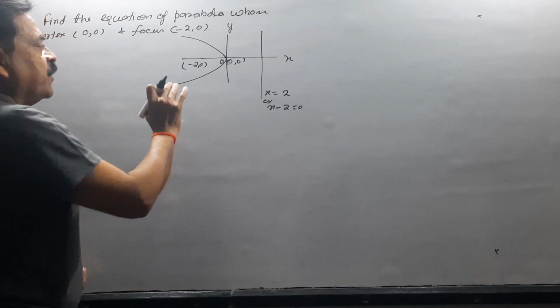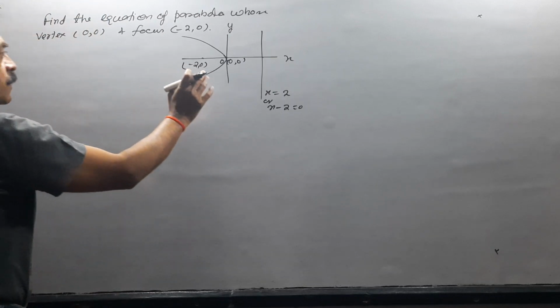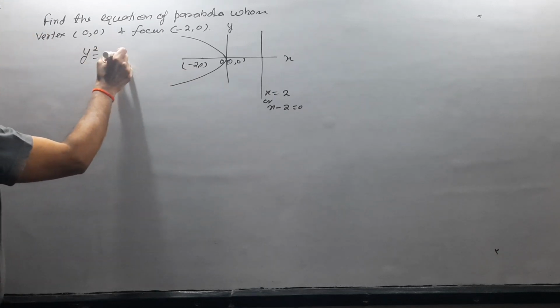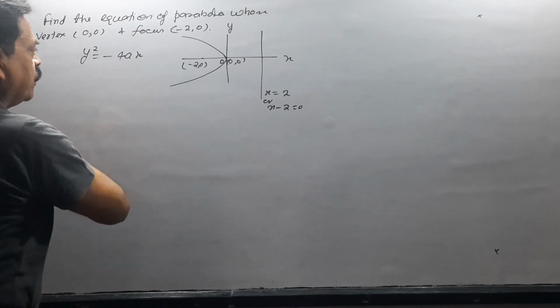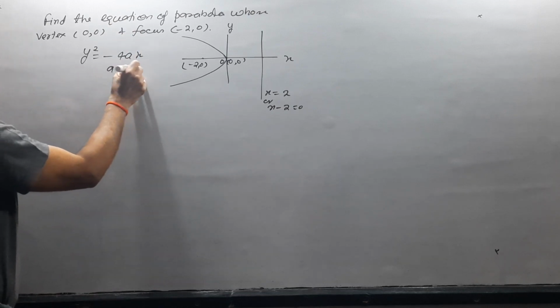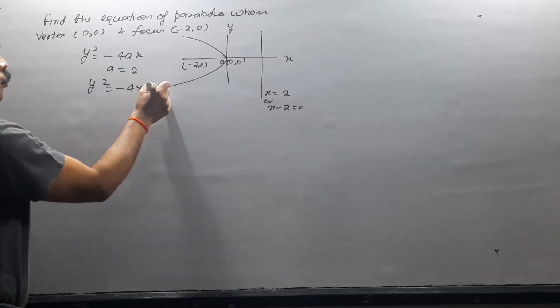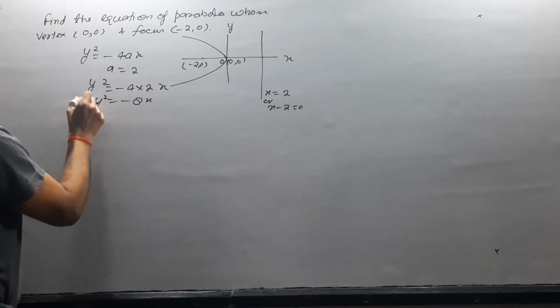And substitute the value of a in appropriate form of parabola. And appropriate form of this kind of parabola is y² = -4ax. And here substitute the value of a, which is 2. So parabola is y² = -4 × 2x or -8x. y² = -8x.